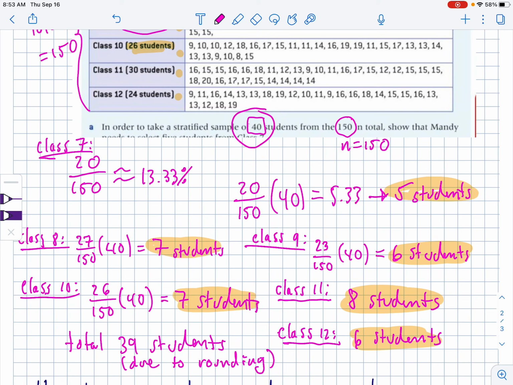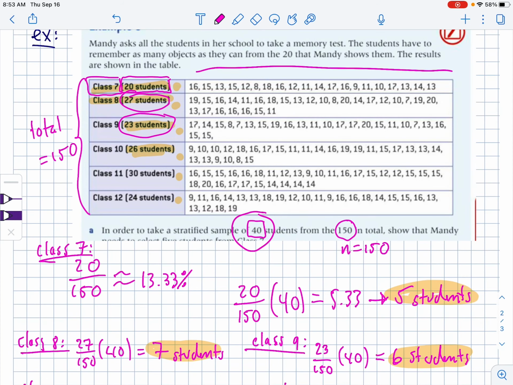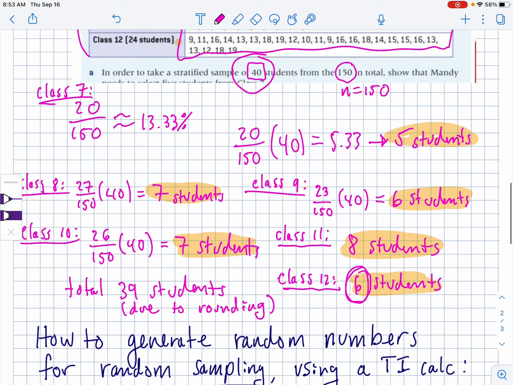If you were actually doing this, you could round one of them up. The last one was 6.4, which is getting closer to 7. With true rounding, you round it down to 6, but you could round this one up to 7 if you have to have 40. Now all these chunks of students are the same percentage of students that they were up in here. So you're keeping it proportional, and therefore it is stratified.